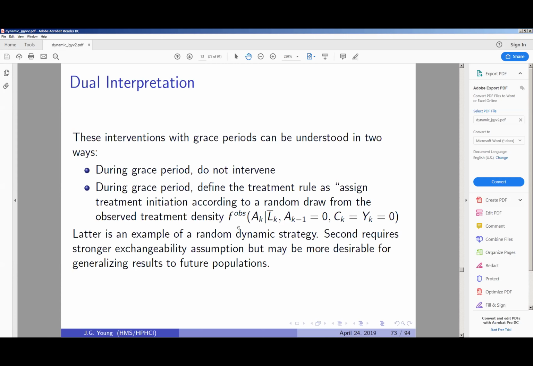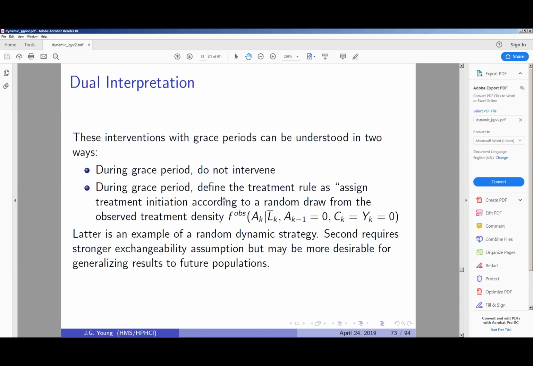So these actually might sound like the same thing, but they're not, because if treatment was not assigned according to this, then when you go to a future population, if you chose to implement this strategy versus this strategy, you might get a different answer.